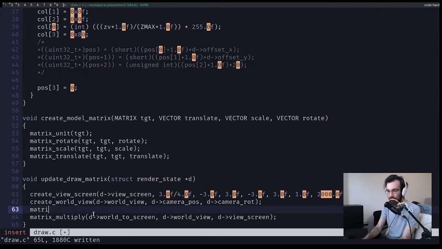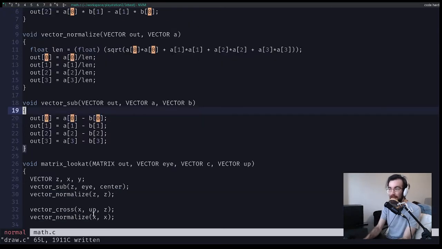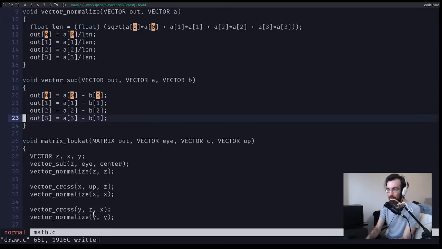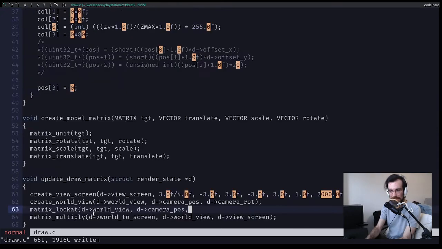So rather than this, we say matrix look at d world view, and then we take in an I position, which is our d camera pos. We take in our center, which is, I'm not really sure. Does this also not factor in rotation? Oh no, it does.